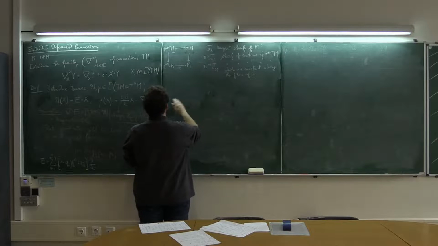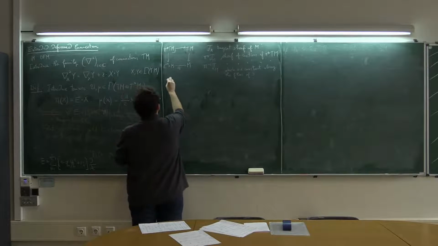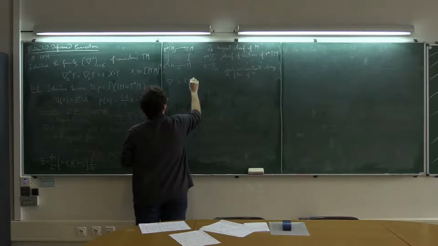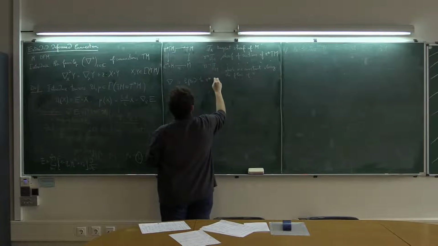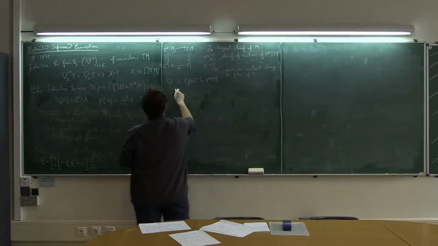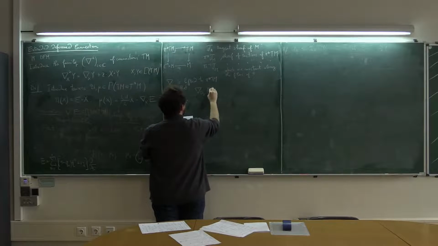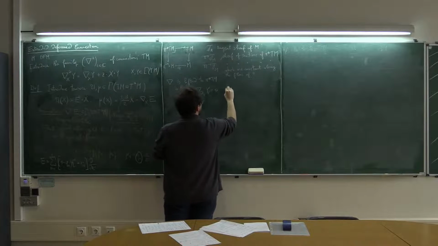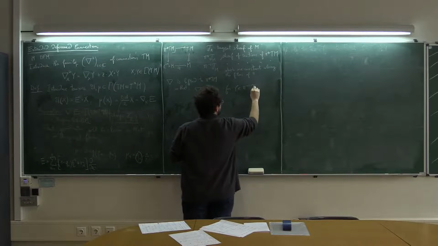Moreover, I can also lift the Levi-Civita connection to this pullback bundle. So nabla is lifted to pi star TM, so that the derivative along d over dz of y equals 0 for any section y of the inverse image of the tangent sheaf.